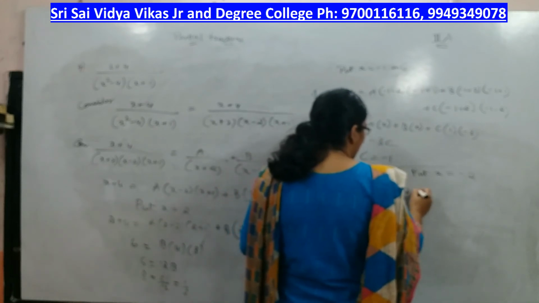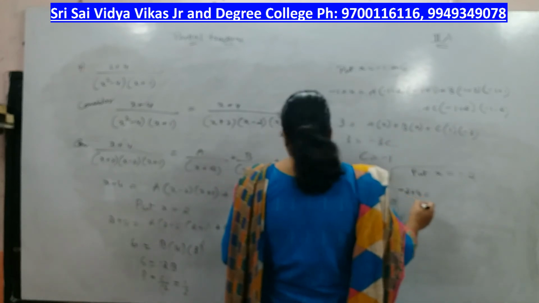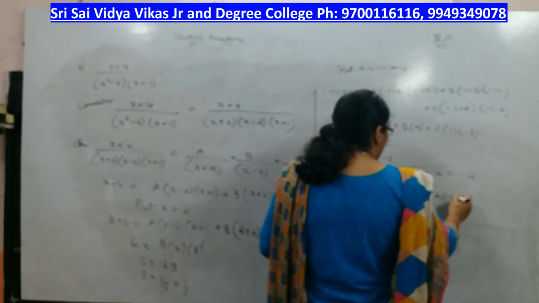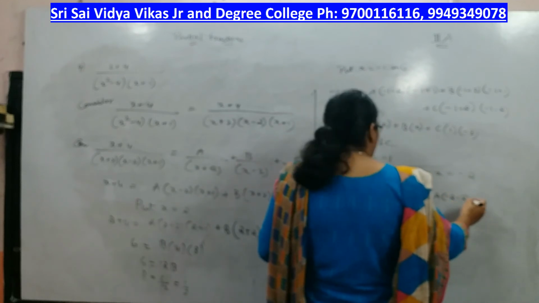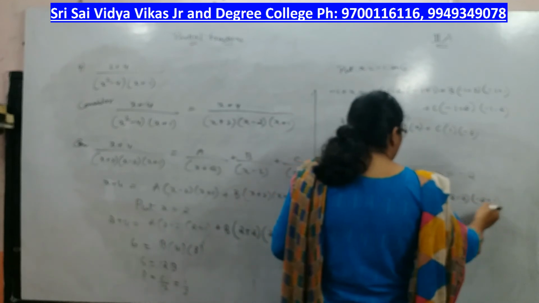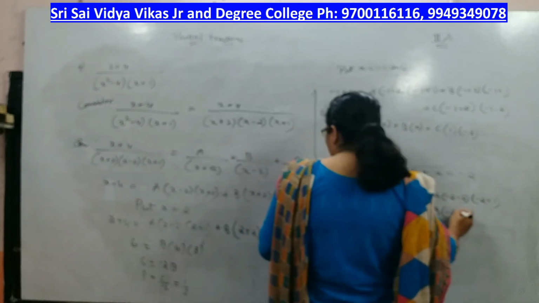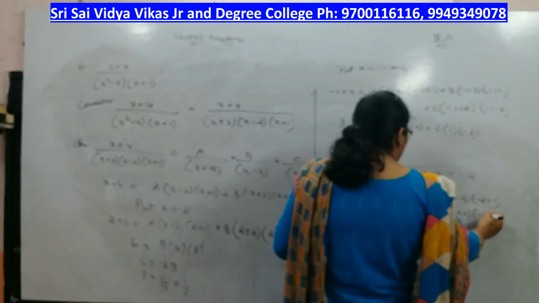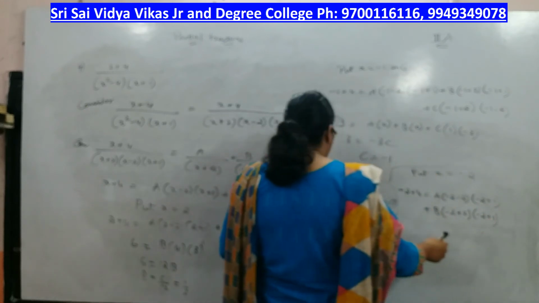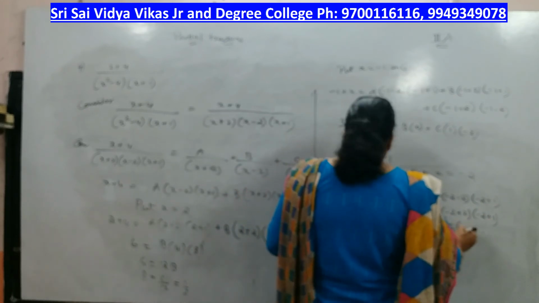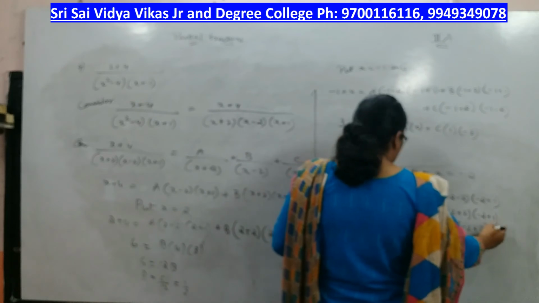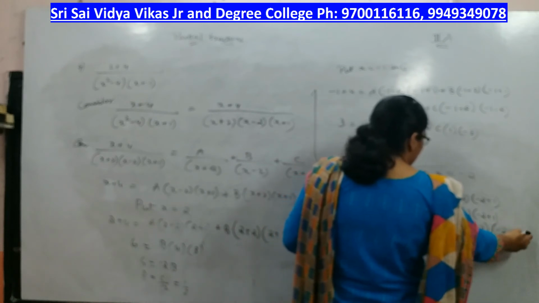Minus 2 plus 4 is equal to a into minus 2 minus 2 into minus 2 plus 1 plus b into minus 2 plus 2 into minus 2 plus 1 plus c into minus 2 plus 2 into minus 2 minus 2.